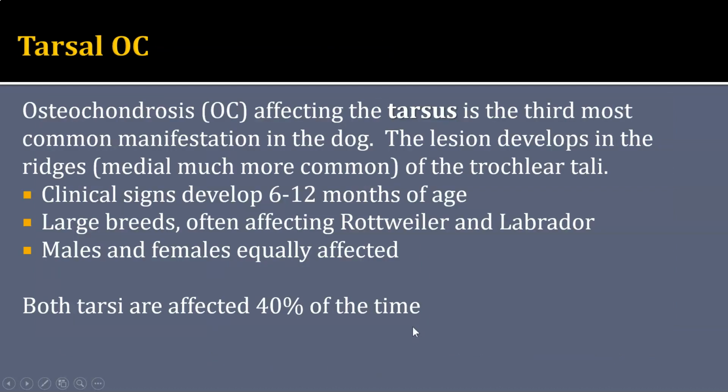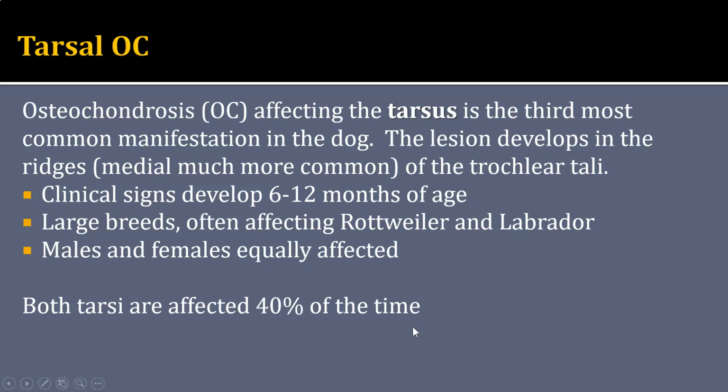Moving into the tarsus, osteochondrosis affecting the tarsus is the third most common manifestation in the dog. The lesion develops in the trochlear ridges or the ridges of the trochlear tali, and really almost entirely within that medial ridge. The lateral ridge is very rare. Clinical signs will develop in the 6 to 12-month-old patient.